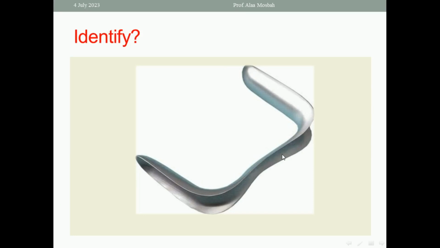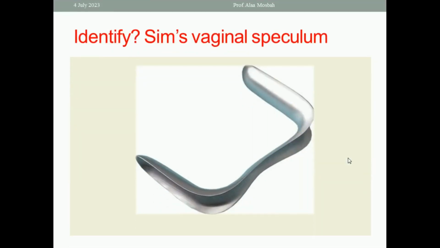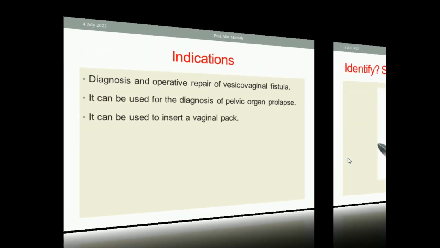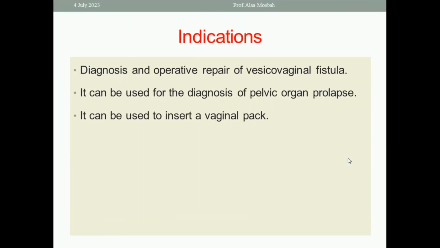Identify this instrument in the picture. What is this instrument? This is the Sims vaginal speculum. Okay, what is the indication of the Sims vaginal speculum? For diagnosis and operative repair of vesico-vaginal fistula, because it gives me a better exposure to the anterior vaginal wall.